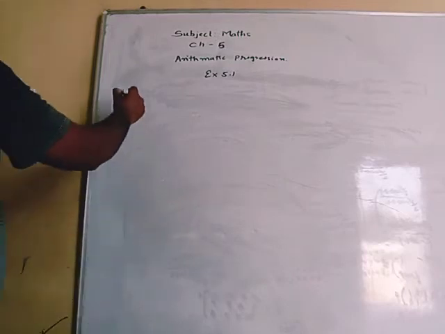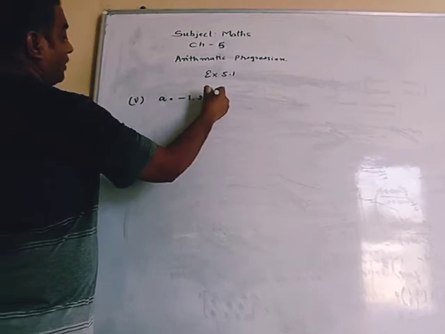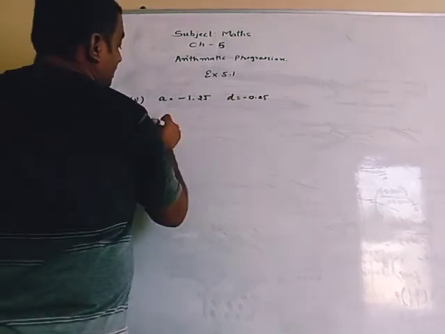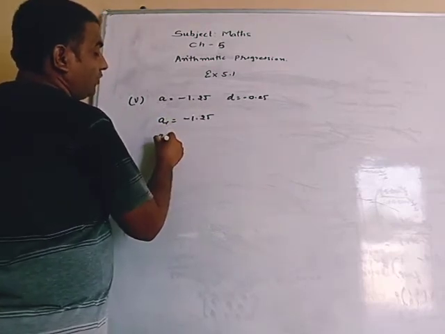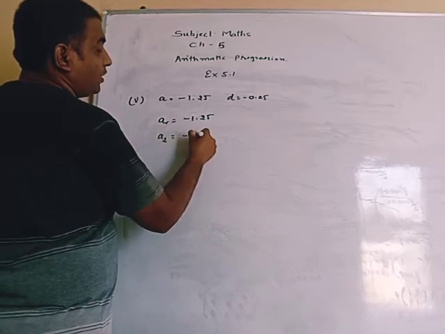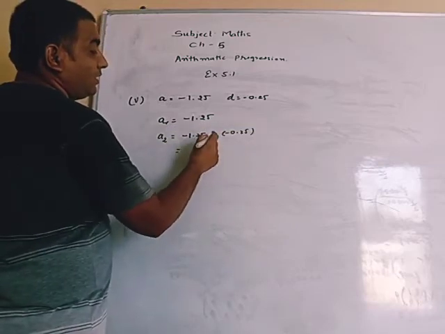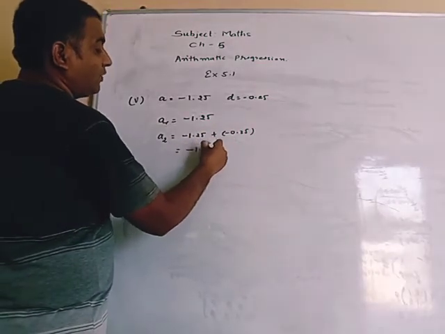Now the fifth question is given: A equals minus 1.25 and D equals minus 0.25. So A1 will be minus 1.25. A2 will be minus 1.25 plus minus 0.25. So it will be plus minus minus, so minus minus plus, it will be minus 1.50.